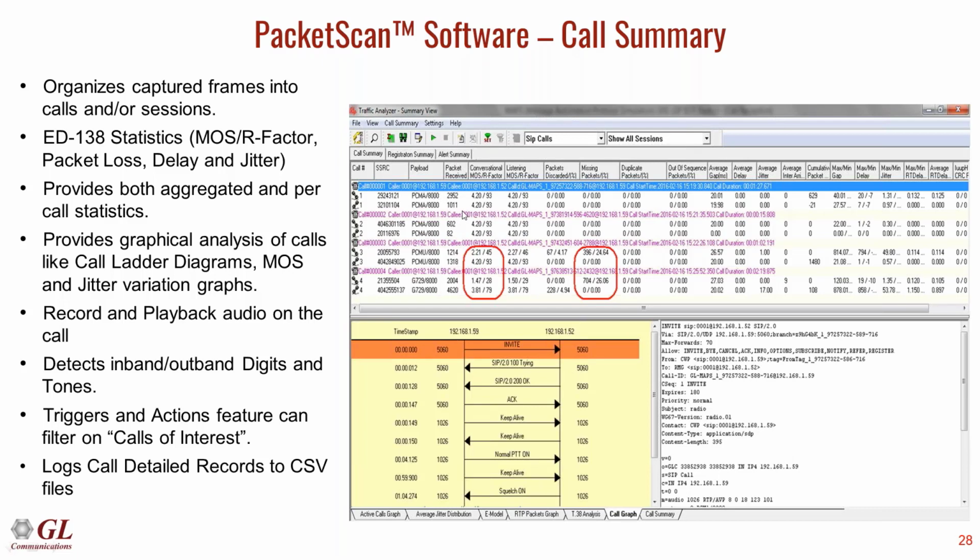We have a lot of other important features. For example, we can play the audio on the call, or record it to a voice file. We can save the traces of a particular call, and we can also set triggers and actions, which allow you to define certain filters. Say you want to filter out all the calls with packet loss more than 1%, or any calls with MOS score less than 3.